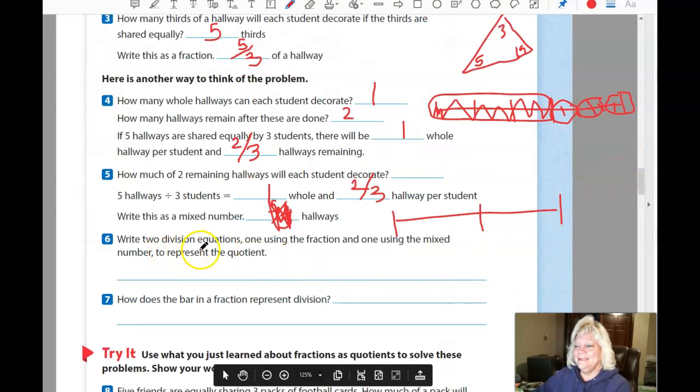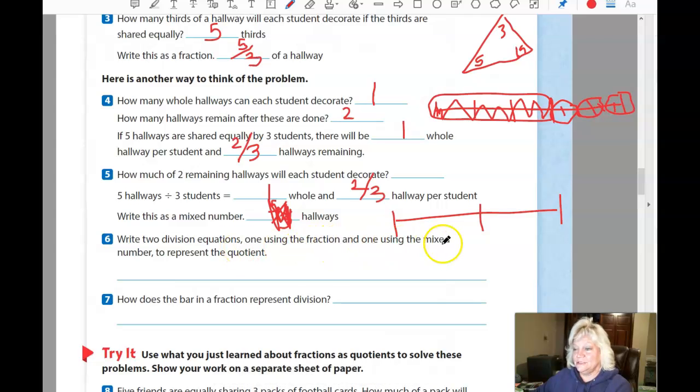Okay, write 2 division equations. One using a fraction and one using a mixed number to represent the quotient. So we know the mixed number is 1 and 2 thirds, and the fraction is 5 thirds, an improper fraction, but that's how you would write those.